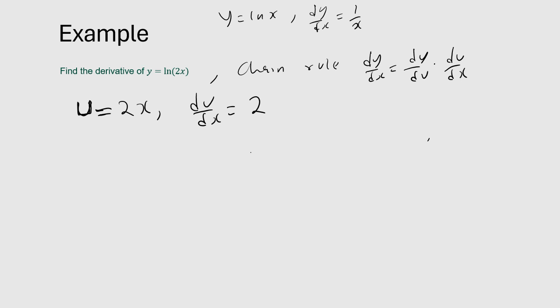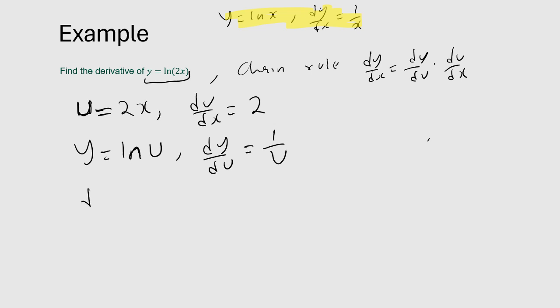And from this y equal to ln 2x, I can just write y equal to ln, and instead of 2x I can just write u. So y is equal to ln u, and therefore if I want to find dy over du, from what we have above, it is just equal to 1 over u.